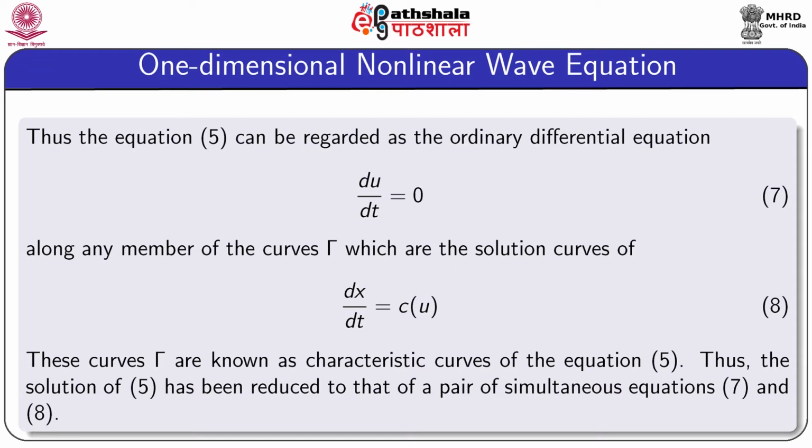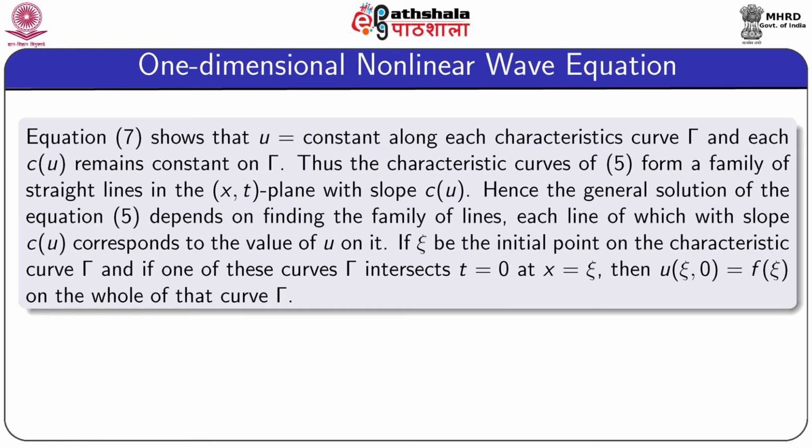Thus, the solution of the partial differential equation 5 is equivalent to solving two simultaneous ordinary differential equations 7 and 8. If we observe equation 7, we find its solution is u = constant.